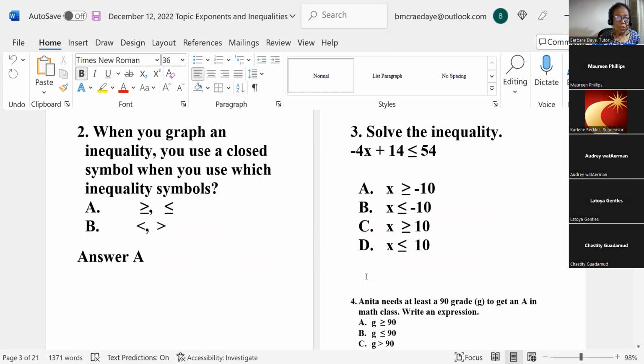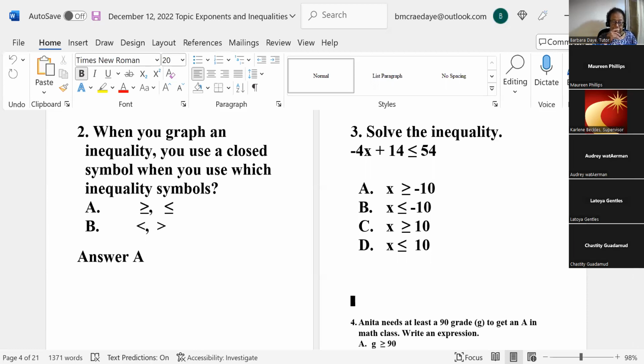Okay, Audrey, how do you solve number 3? Audrey, you're on mute. Subtract 14 from both sides and divide by 4. Very good. Subtract 14 from both sides. That's the first step. Let's copy that.